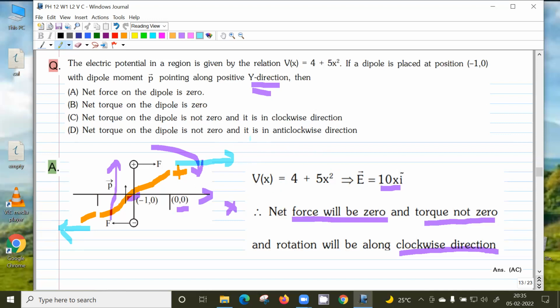But the torque will still be clockwise. This force about this origin will produce a clockwise torque, no? This is the force, and it's going to rotate about this point.